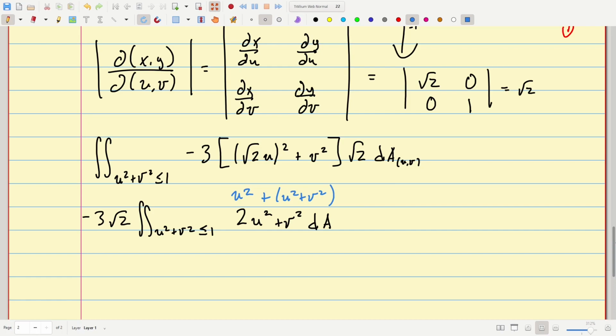Integral of a sum is the sum of integrals. Okay? Now we switch to polar. 0 to 2 pi, 0 to 1. We have the u squared part, r cosine theta squared.